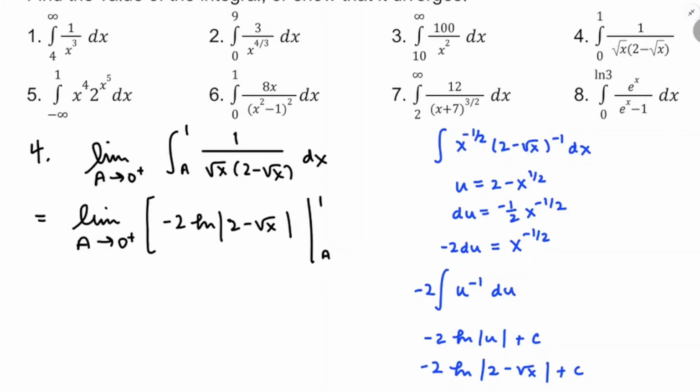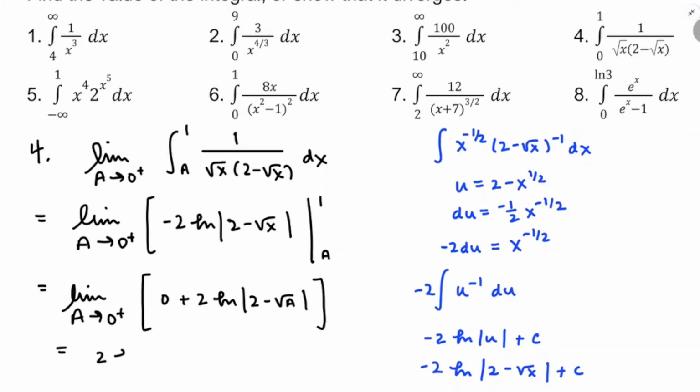All right, and then that's going to equal, I'm not just immediately seeing it, so I'm going to just plug in 1, so negative 2 times the natural log of 1 minus negative 2 times the natural log of 2 minus the square root of a. And as a approaches 0, that will be 2 natural log of 2.